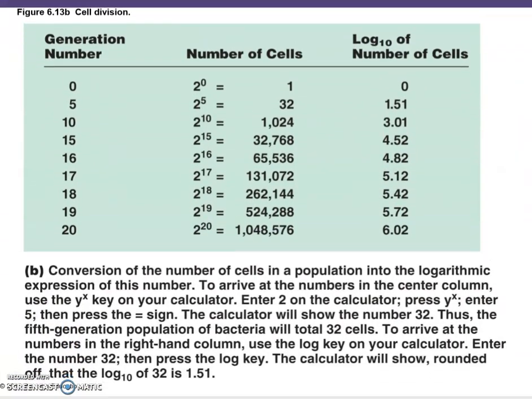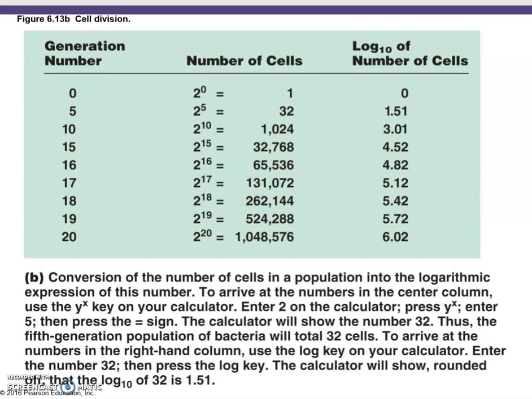So here will be more numbers for you. Generation numbers now in steps of 5. Here's single ones between 15 and 20, but you can see how all of this follows. Two is the base, and then the exponent is the number of generations. And then here is the number of cells represented, and here the log to the base 10 of the number of cells.